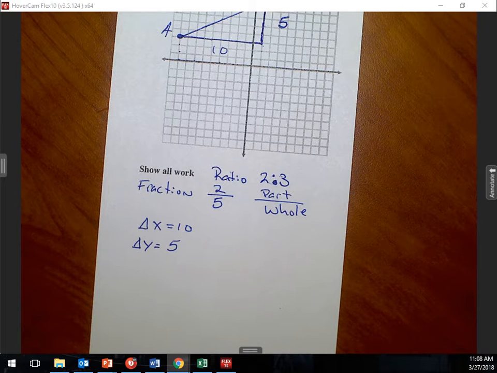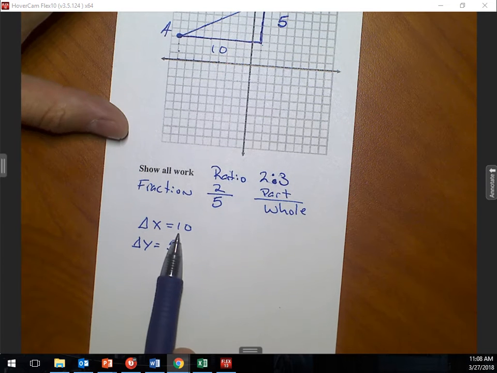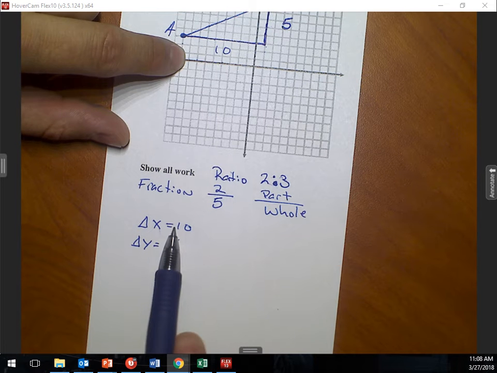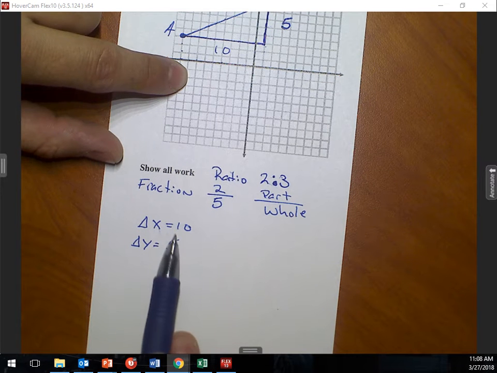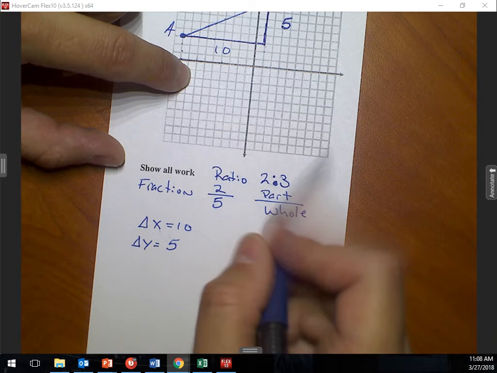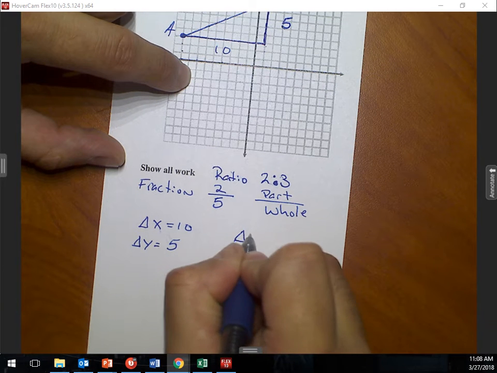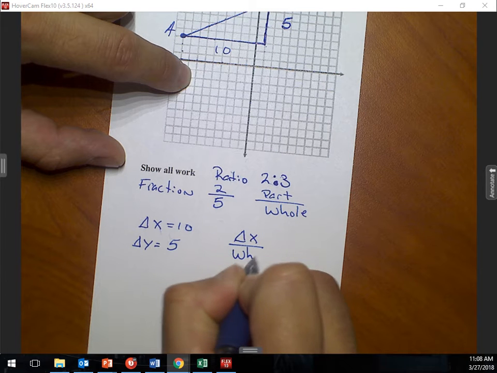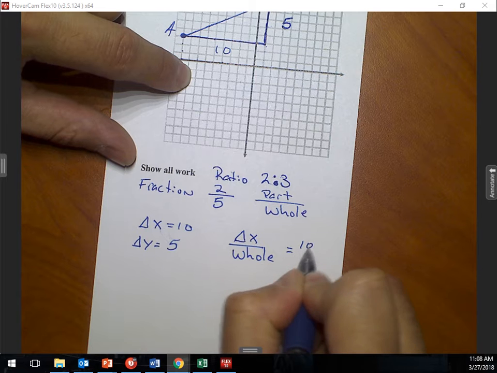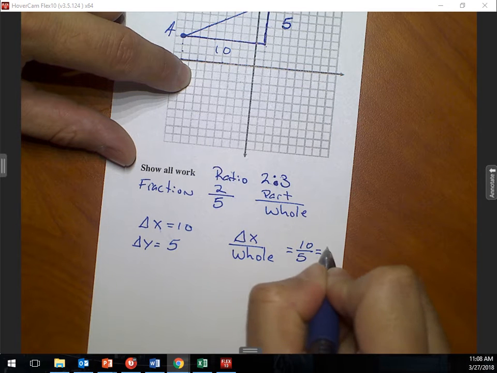Yes? Okay. So let's take a look. Like I said, I'm going to show you guys how to do this the easiest way possible. I'm going to take my delta x divided by my whole, which is going to be 10 over 5, which gives me 2.